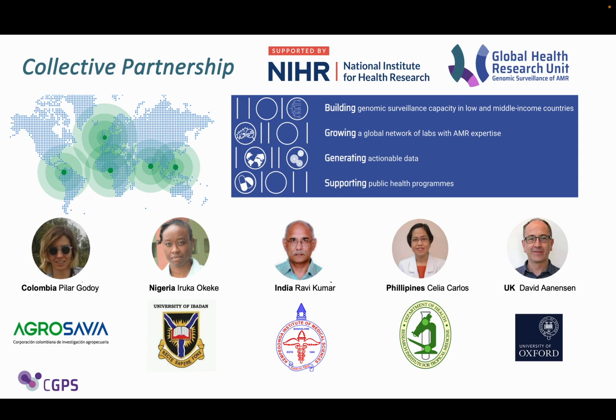In India, Ravi runs the KIMS teaching hospital and is networked into a whole series of sites across India. And in Philippines, Celia and Sonia Shah, who is now the lead in the Philippines, is based in the Department of Health. And in the RITM, they have a very long-standing AMR surveillance program, which I'll touch upon a little bit.